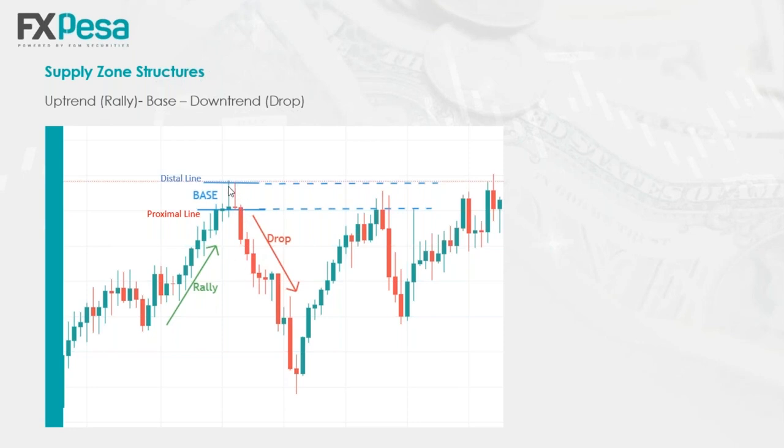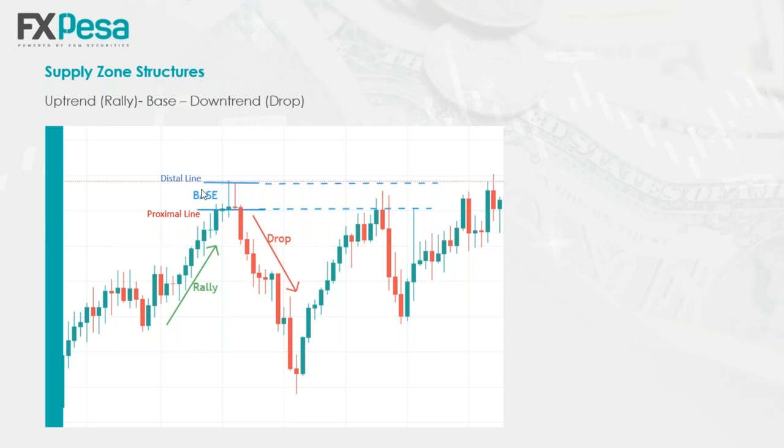In this particular case, we have 1, 2, 3, 4, 5 candlesticks, and the manner in which price has moved out of this zone is with a huge rally characterized by very long candlesticks, so we can consider this to be a supply zone.